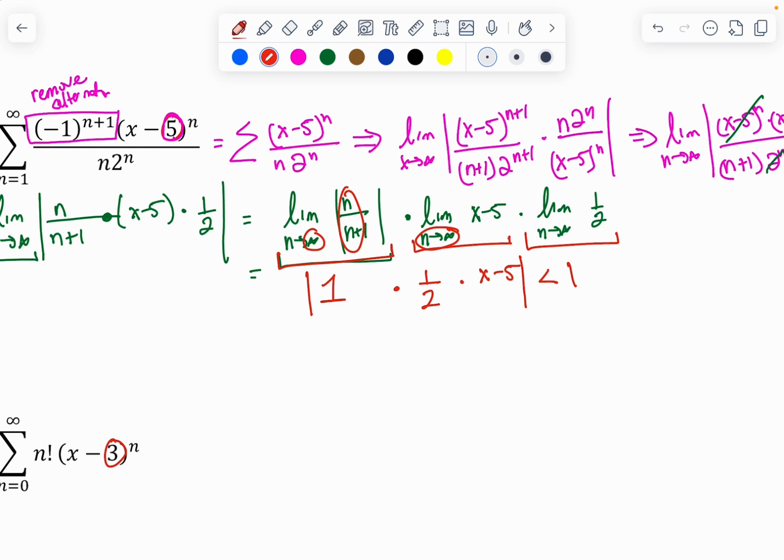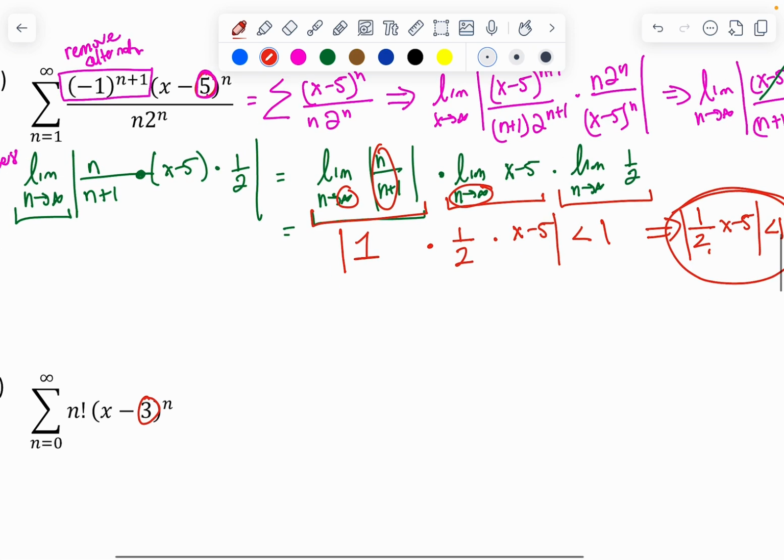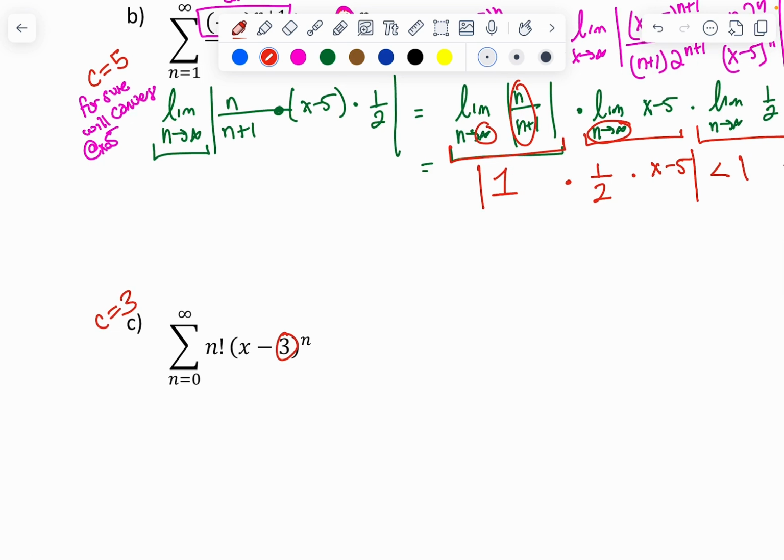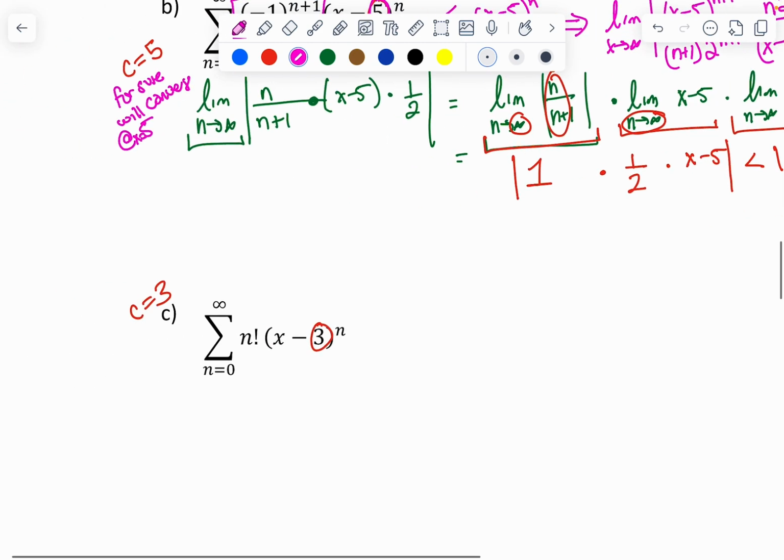So let's clean this up. We got 1 times 1/2 times x minus 5, which is just going to be 1/2 times x minus 5, absolute value less than 1. So this is like a compound inequality. When you rewrite this in order to solve for x, like we did in Algebra 1 way back when, right?